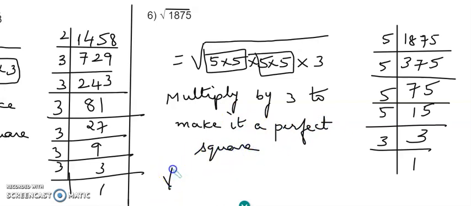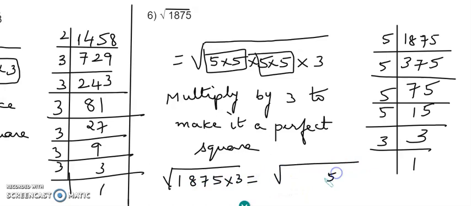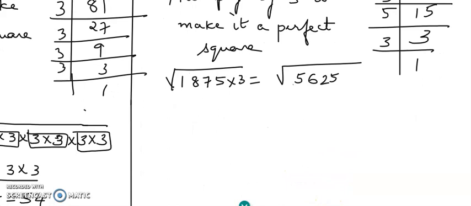Right? So let's write, multiply it on the left side. Sorry, 1875 multiplied by 3, which will be 5625. Sorry, a mistake earlier. Yeah. Now we'll just write the factors.